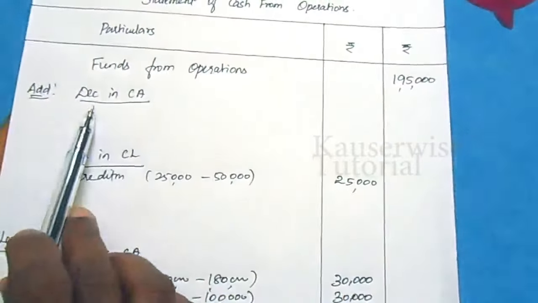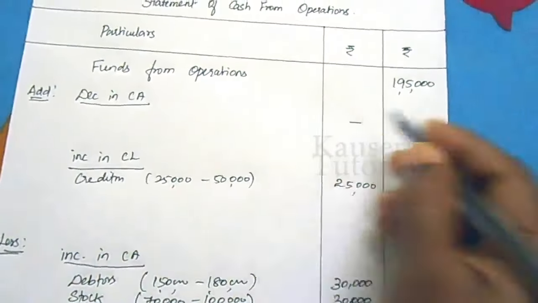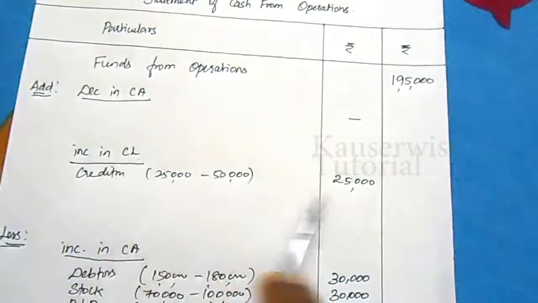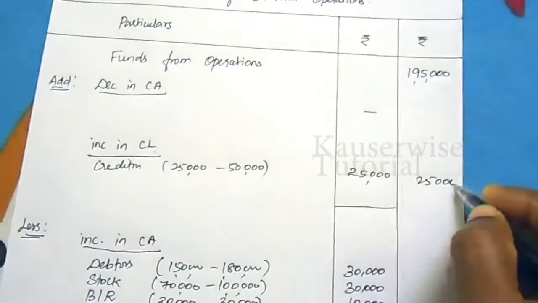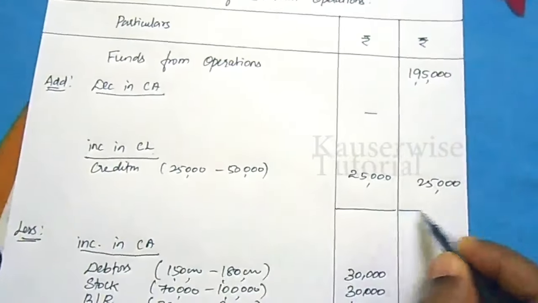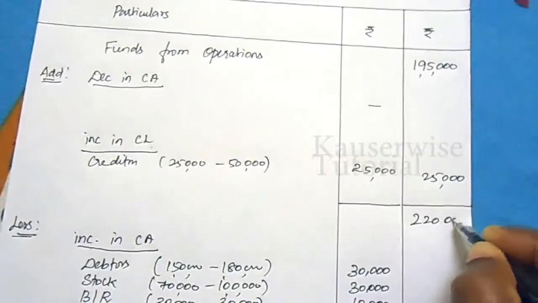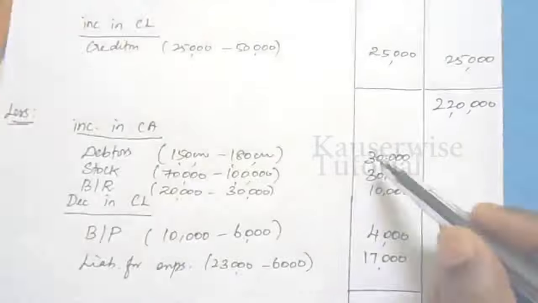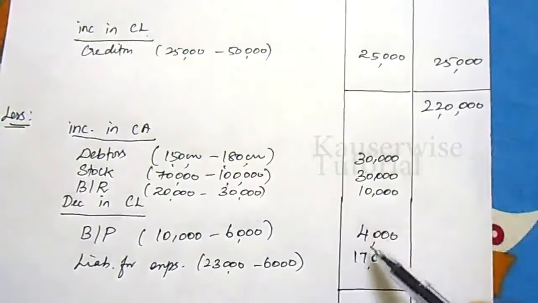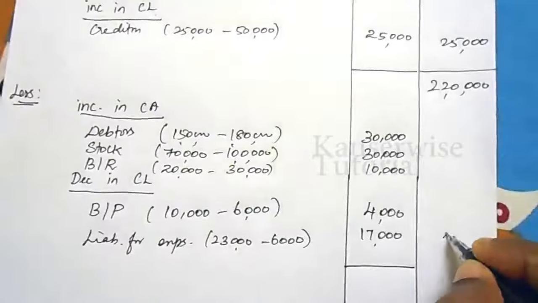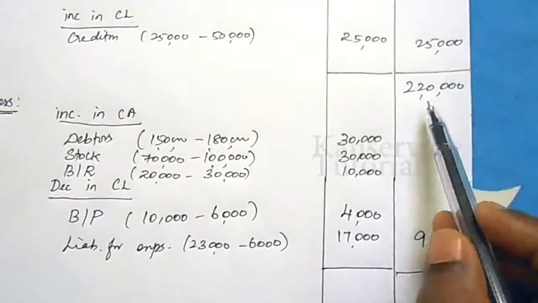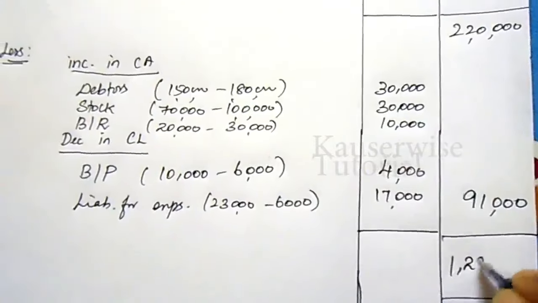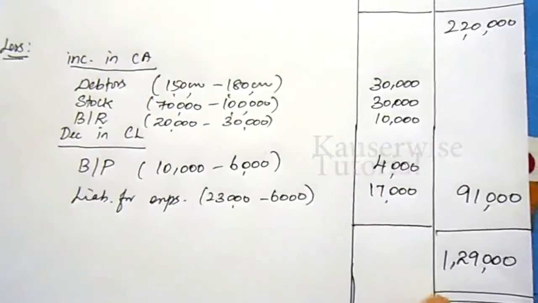Here there is no decrease in current asset, put dash. Increase in current liability how much? 25,000. Add along with 1,95,000. 2,20,000. Now find the 30, 30, 60, 70, 74 plus 17. 91,000. Subtract 91,000 from 2,20,000. 1,29,000. We have got positive value.